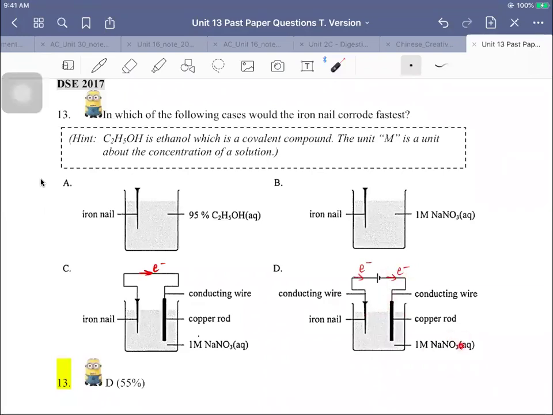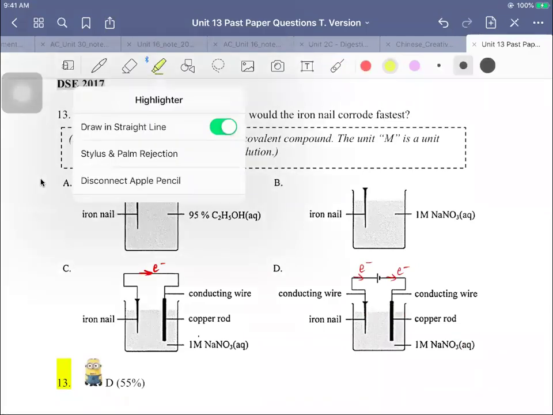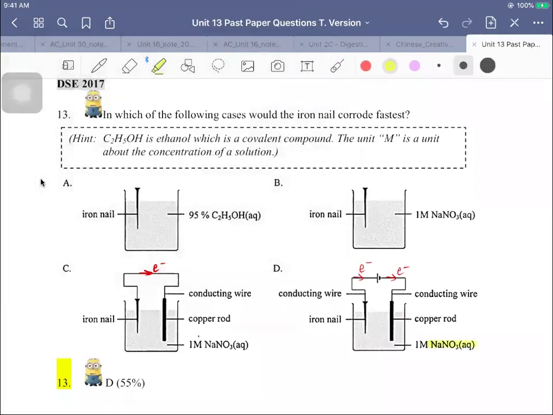First, we have this ionic compound in the solution, which speeds it up by providing mobile ions. And then iron is more reactive than copper, so iron will lose electrons to copper. And finally, the battery is going to pull the electrons out from the iron nail. So the answer should be D.